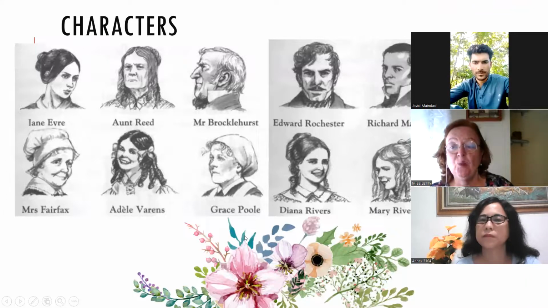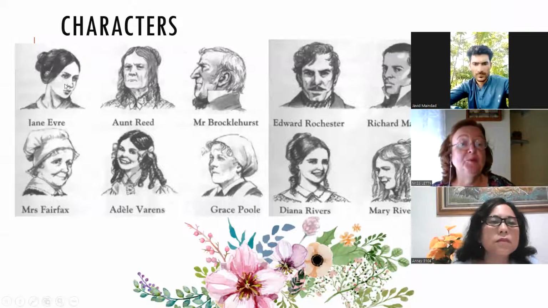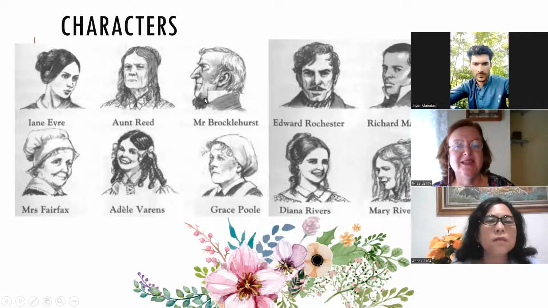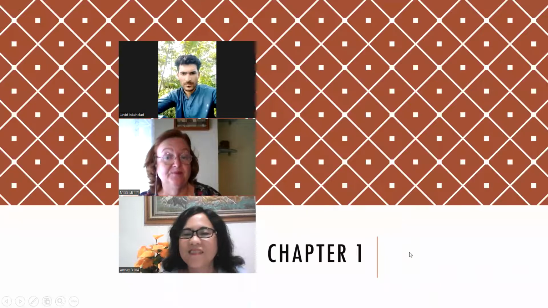Right, so here we can see all the characters that are going to come into the story. Jane Eyre will be the main character, and then you can see the faces of the people who are in the story. They look very serious and not very friendly, right?